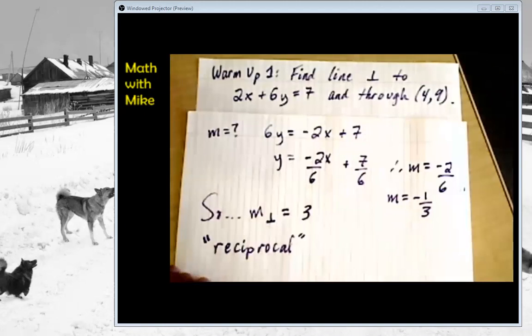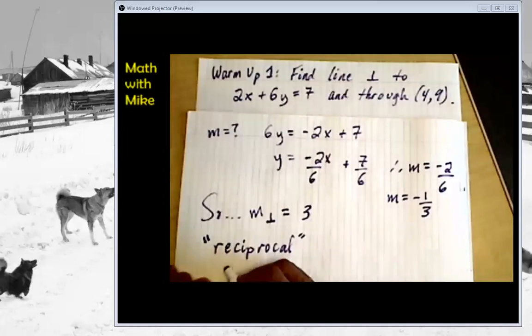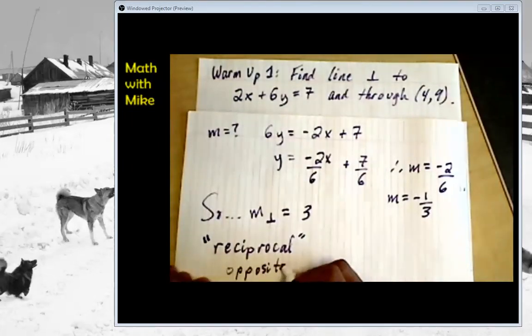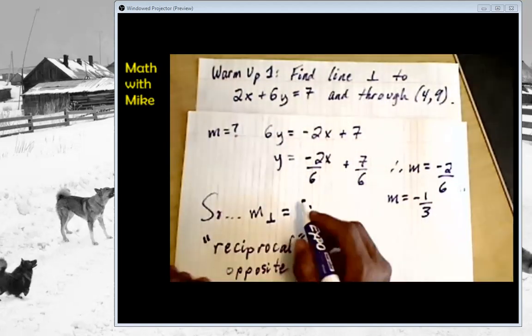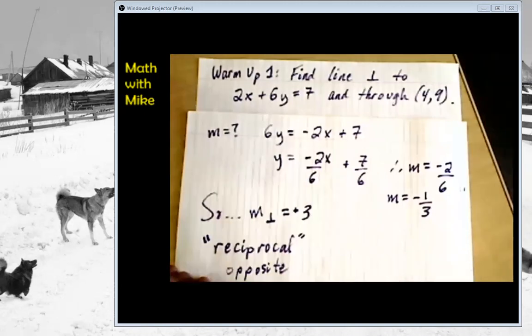And there's one other piece that we need, and that is the sign has to be opposite as well. So we have a minus there. That means we have a plus here for our new slope.